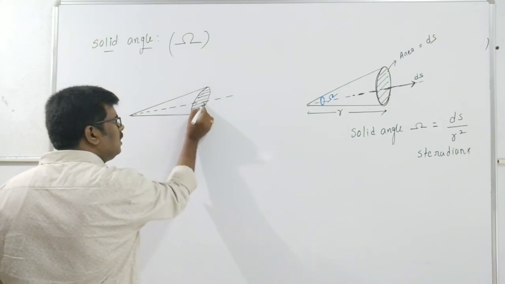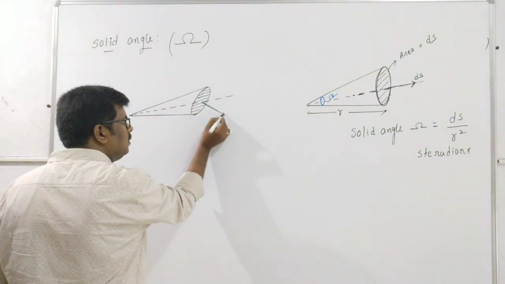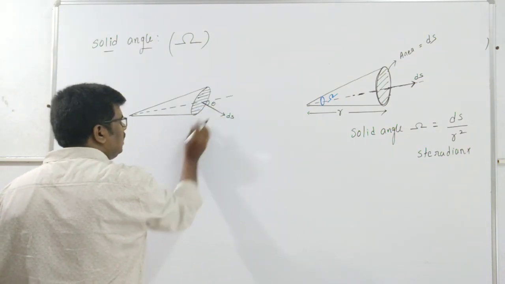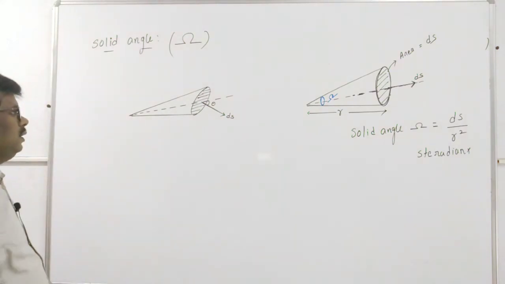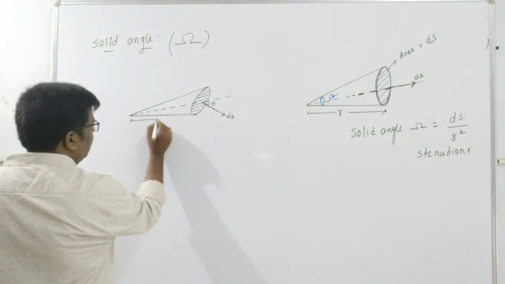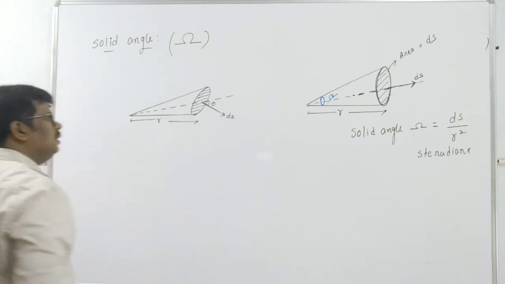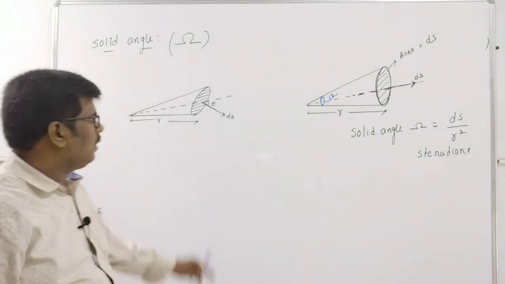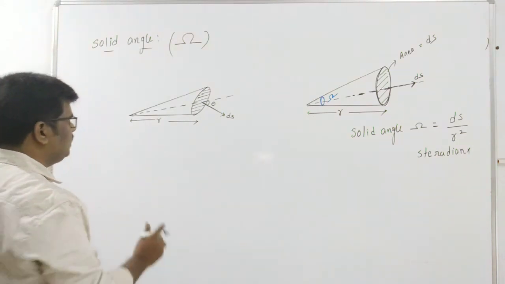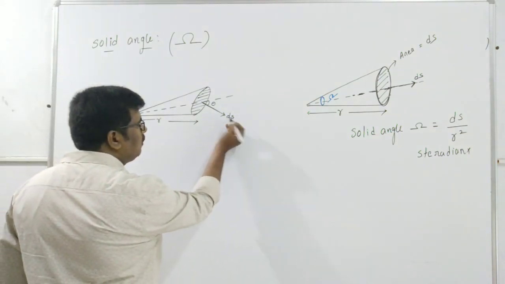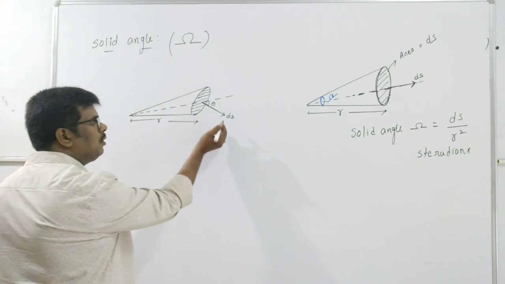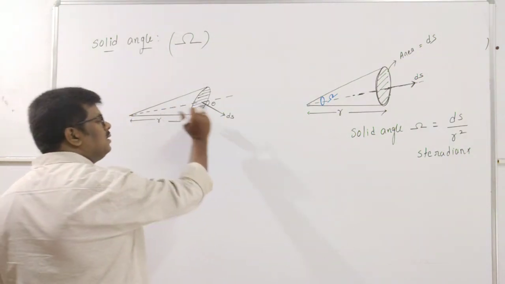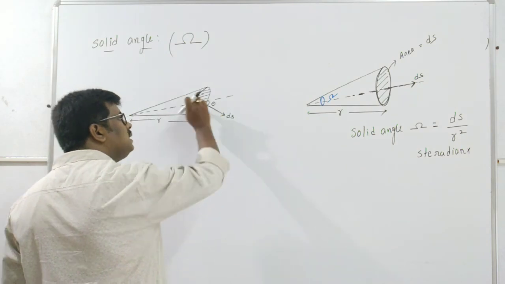So the area vector makes an angle theta, that is, ds makes an angle theta, and its radius is r. Like this, we can take the solid angle, we need to resolve it. Because it is a vector, it makes an angle theta, so we need to take the component along the axis.